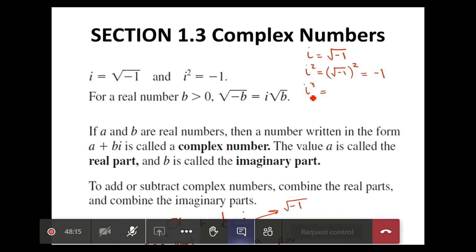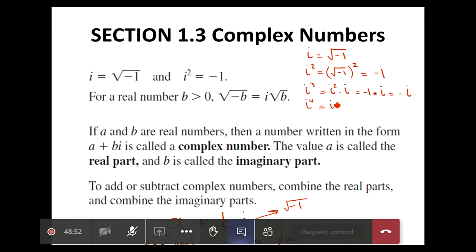It's easy. i to the power 3 is i square multiplied by i. So we have i square equal -1 multiplied by i, so we have negative i. Okay, so i to the power 3 equals negative i. i to the power 4, what's the value? One, not i, 1.